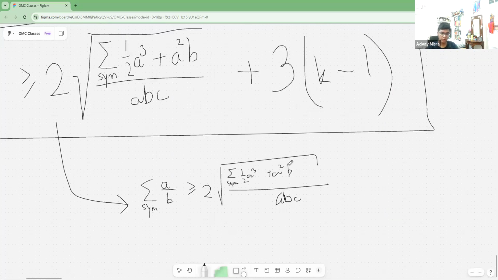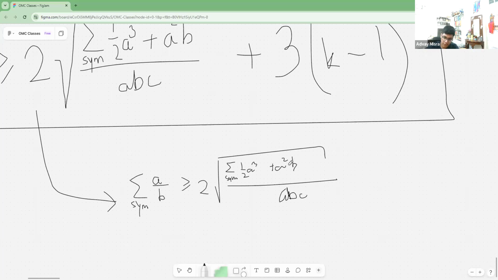Do you understand why we are trying k equal to 1 for now? If anybody wants to give an answer, then it's fine.